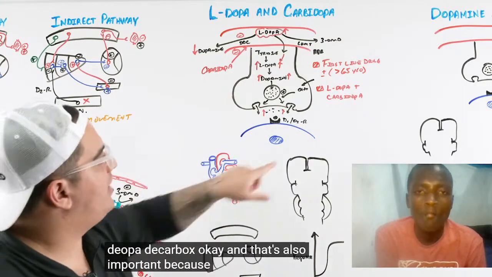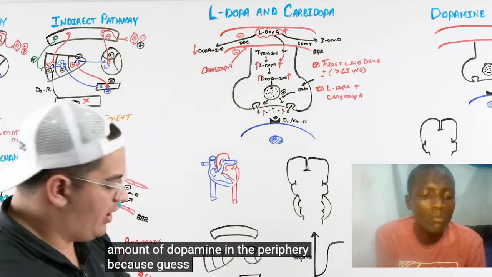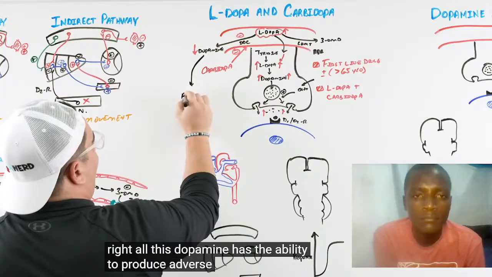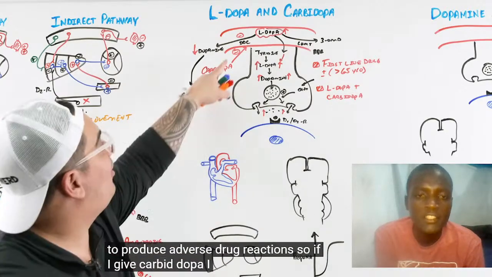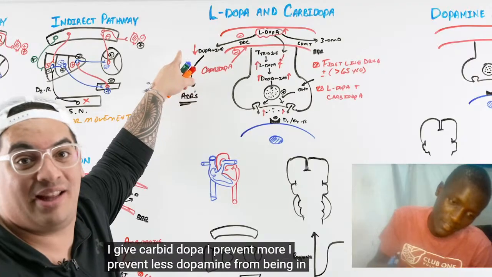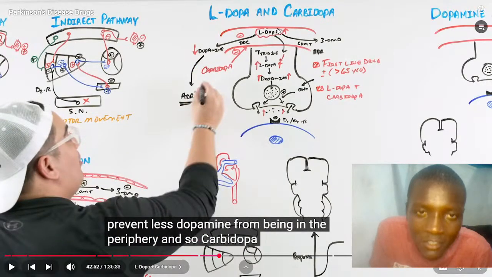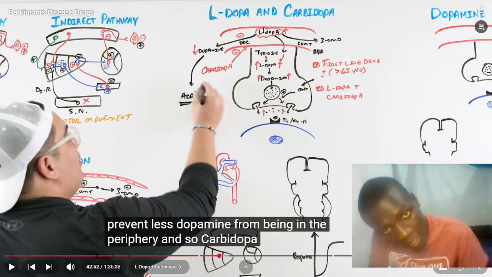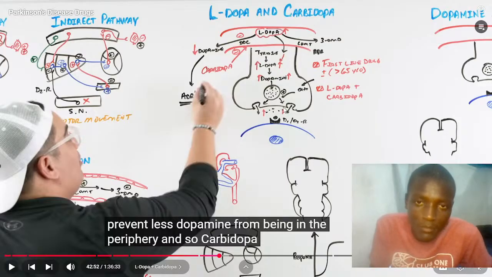And that's also important because the other beautiful thing about carbidopa is it reduces the amount of dopamine in the periphery, because all this dopamine has the ability to produce adverse drug reactions. So if I give carbidopa, I prevent dopamine from being in the periphery, and so those are two advantages. Number one, there's no conversion of L-DOPA to dopamine, which means there's more L-DOPA passed through to the synapse.